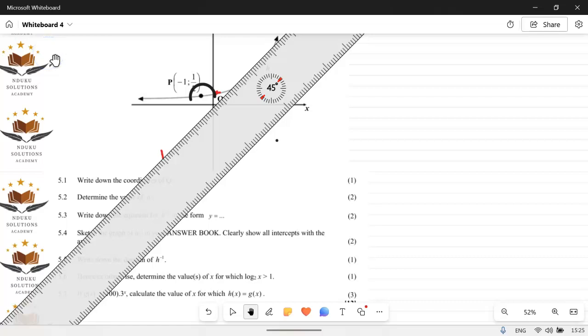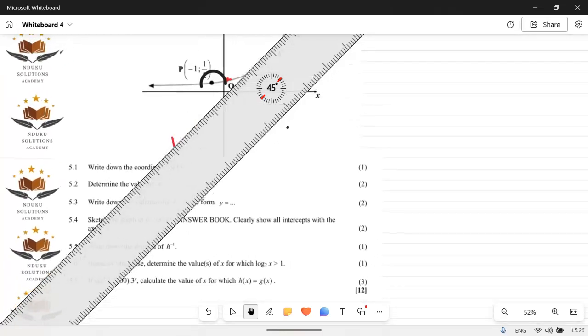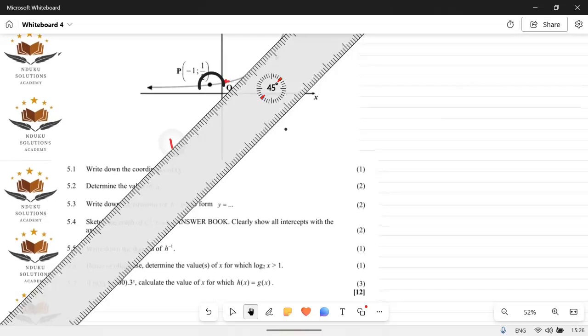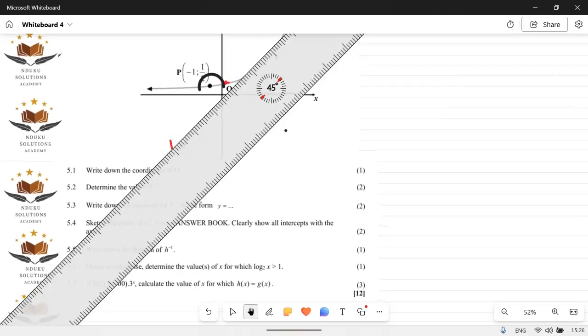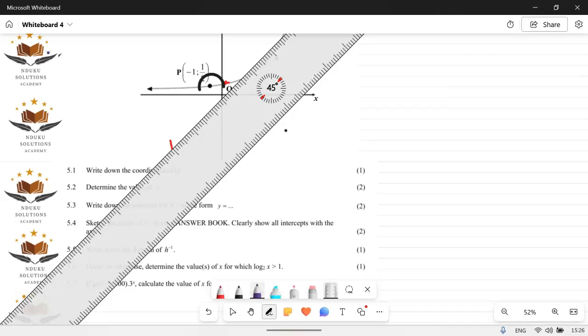So if we're to draw a reflection, that means the line y equals x will be a line, I think, along here. Let me try to put the ruler here so that I can make an accurate drawing. It will be that line.